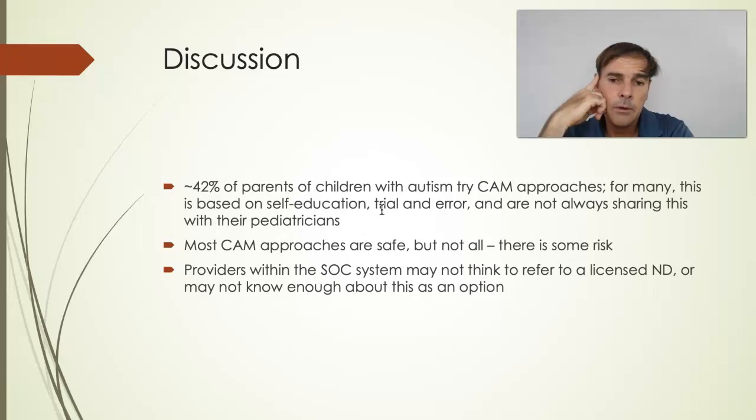And because psychologists were not typically taught in grad school about things like methylation and oxidative stress and how nutrients affect the functioning of the brain, if there's no awareness, it's like we don't know what we don't know. So why would you refer to someone that you know nothing about? And this is one of the things I wanted to address in this study and bring awareness to this.